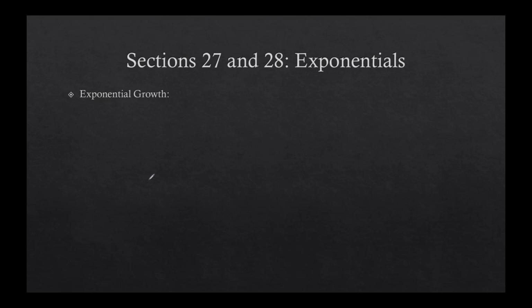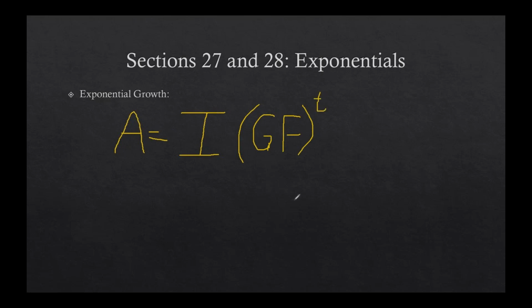So here we go. Exponential growth. I'm going to start with the formula. This formula is in words on your formula sheet that you'll get on the exam, but I'm going to use my own variables here. Just give me a second, because once you know what all of this means, it's very, very easy.